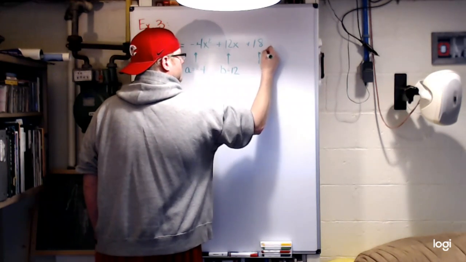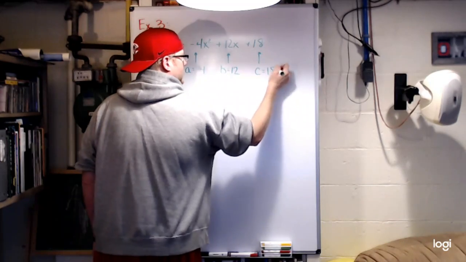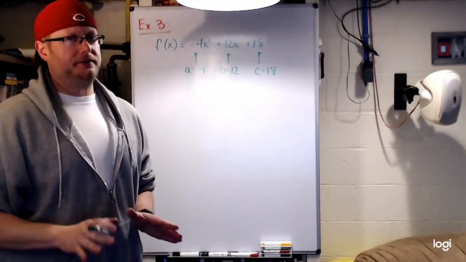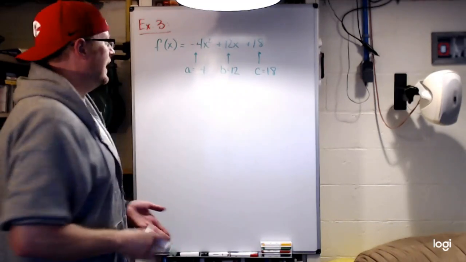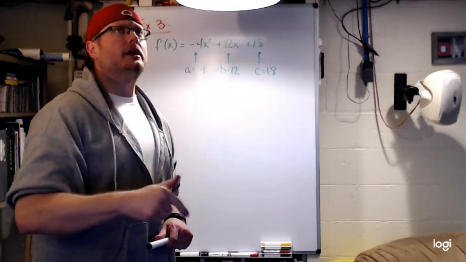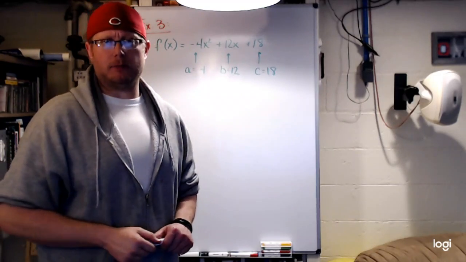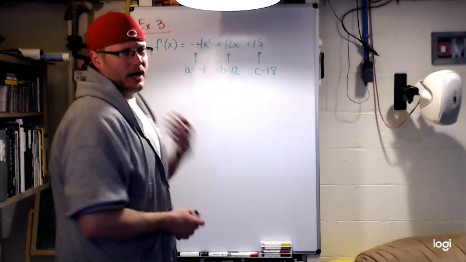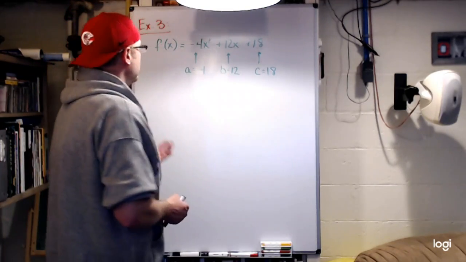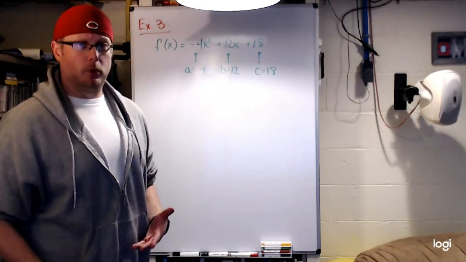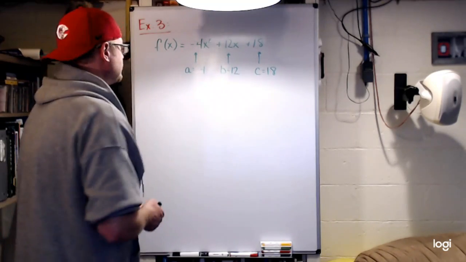And C is 18. Now, if I'm just trying to identify maximum and minimum values, I actually don't need to find my y-intercept in this case. In the previous 2 problems, I had to find my y-intercept because I was trying to graph it, right? This, I'm not graphing, okay? I just want to know what is my maximum or my minimum value. What's the highest or the lowest point of this function?